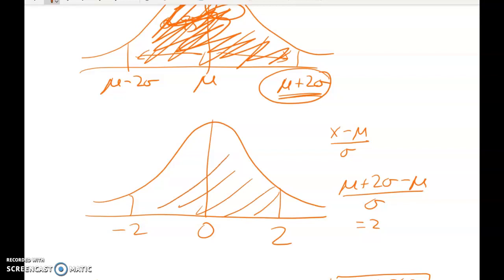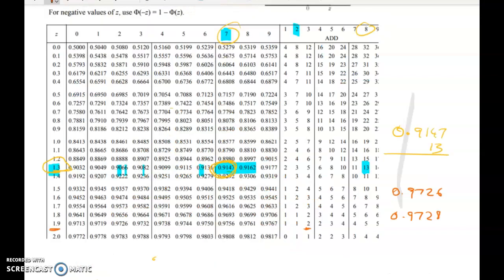So what do I have to do? Well, I just have to go to my table and figure out the phi of 2. So what probability is there of being below 2? Let's look at the table again. Luckily, I've put just enough in the table that it's there. Looking at the table, we get 0.9772.